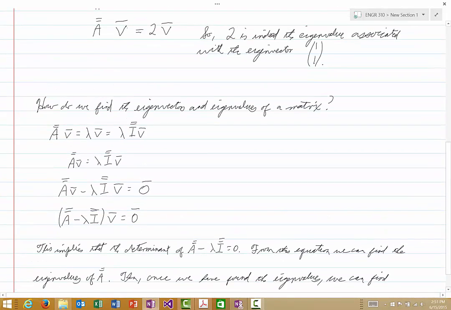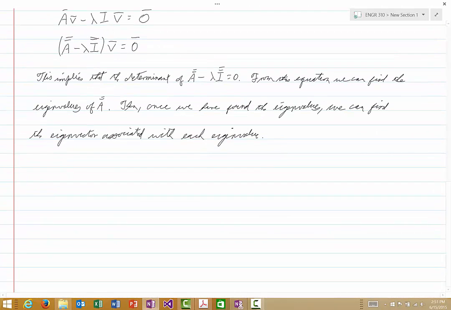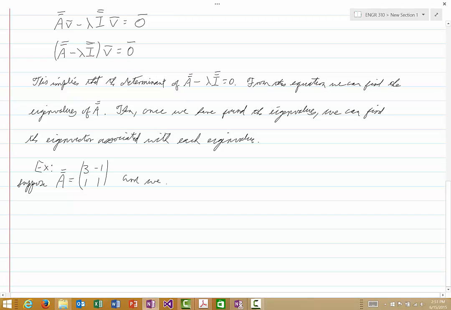As long as we've looked at this matrix 3, -1, 1, 1, let's go ahead and look at it in a little more detail. So, example. Suppose A is equal to the matrix 3, -1, 1, 1, and we want to find all the eigenvalues and eigenvectors.